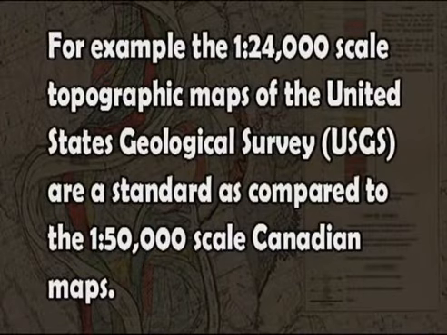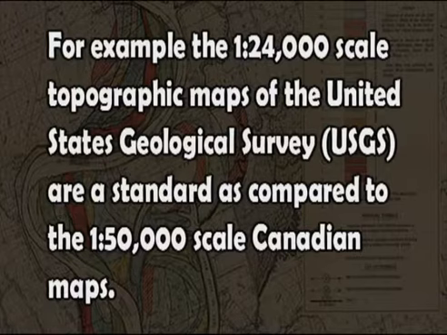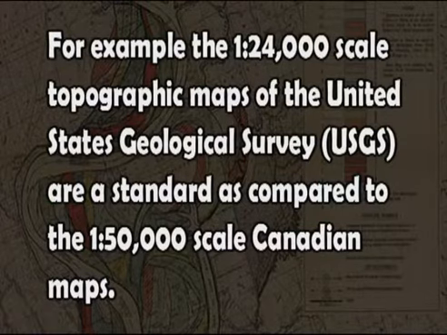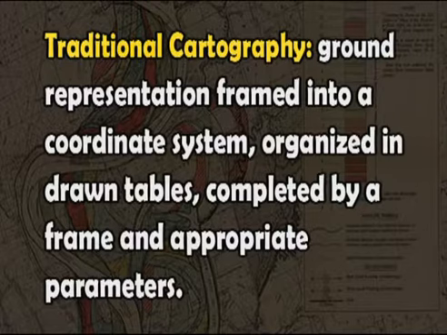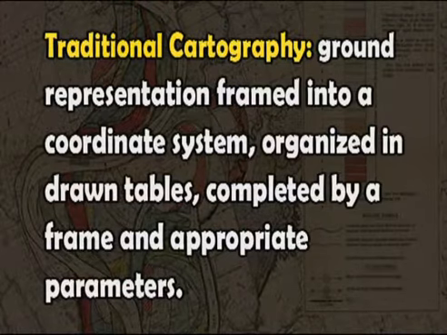For example, the 1:24,000 scale topographic maps of the United States Geological Survey are a standard as compared to the 1:50,000 scale Canadian maps. Cartography can also be classified into the following types: traditional cartography, ground representation framed into a coordinate system organized in drawn tables completed by a frame and appropriate parameters.